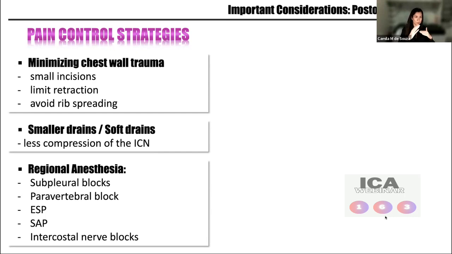Unfortunately, a discussion of the pros and cons of each one of these techniques is beyond the scope of my presentation. We don't have time for this today, but what I'll tell you is that the choice of technique is largely influenced by institutional practices and individual practitioners' expertise with each one of these techniques, way more than any evidence or data.